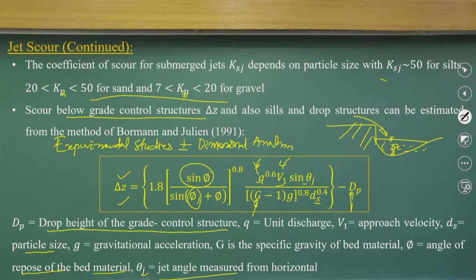But these relationships tell us what type of dependencies the scour hole depth has in terms of the flow characteristics, in terms of the drop height, in terms of the bed material characteristics.